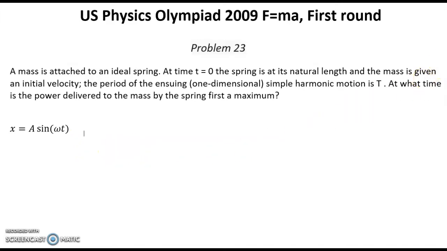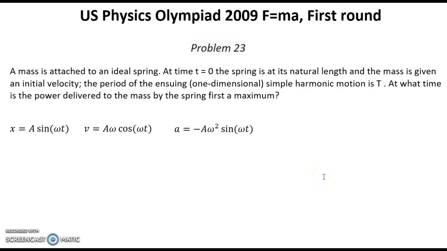Second, we can count what is velocity, just by taking the first derivative with respect to time. That will be this expression, A omega cosine omega t. Second, we take the second derivative to find what is acceleration. That's negative A omega squared sine omega t.